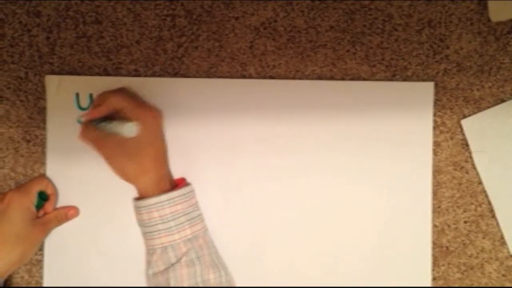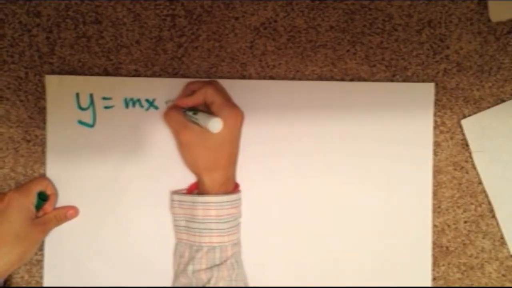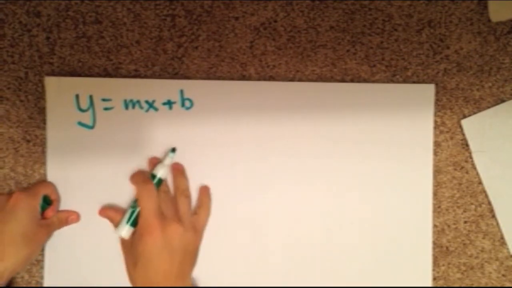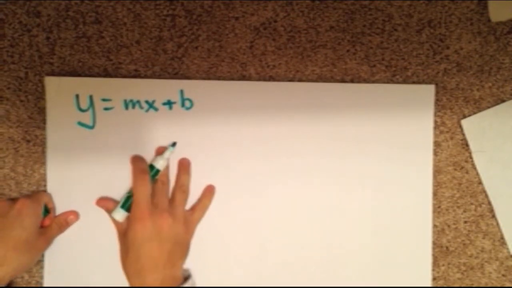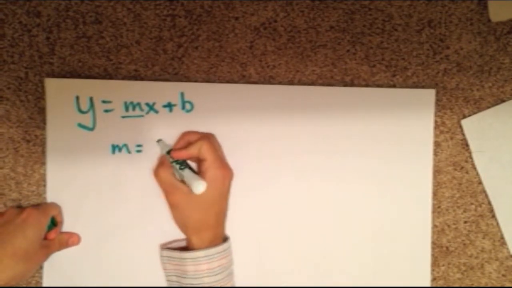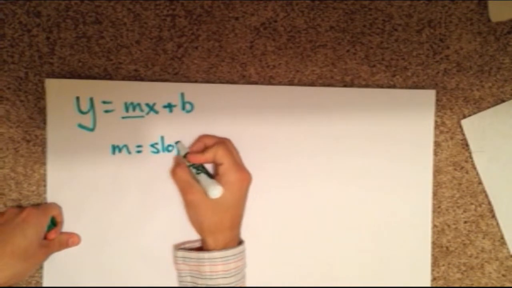Let's talk about this equation: y equals mx plus b. This is the equation for a linear function. The m stands for our slope.